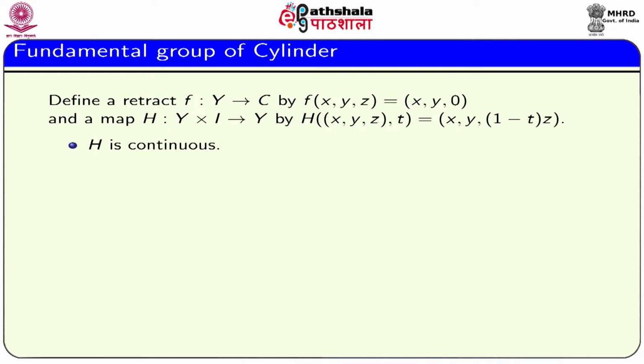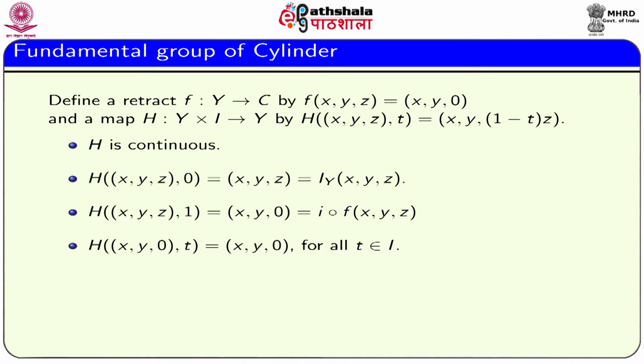Then this H is definitely a continuous function. If we put t equal to 0 in the expression of H, then H of x, y, z, 0 is equal to x, y, z, and that can be written as the identity function operated on the point x, y, z.